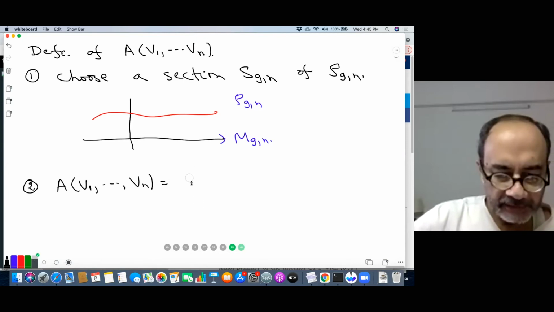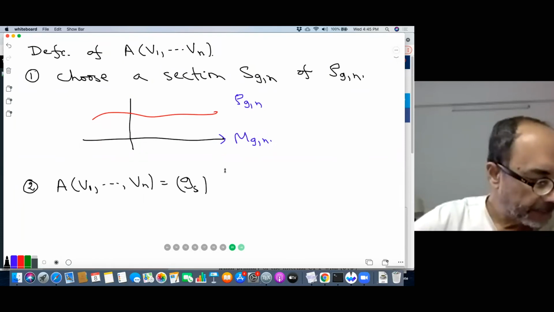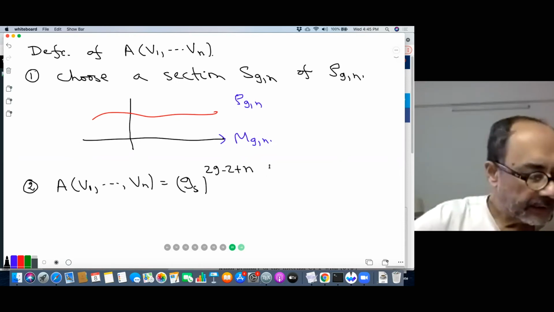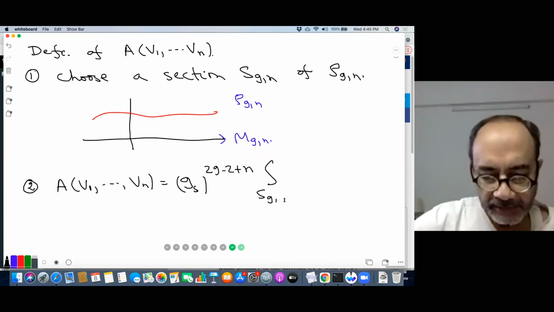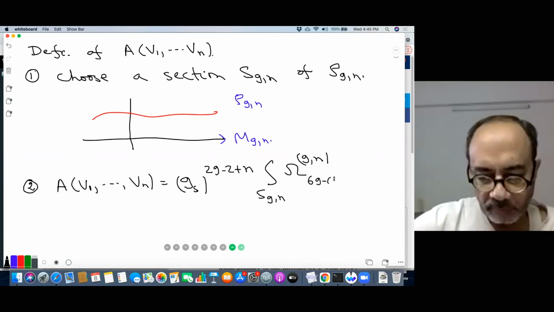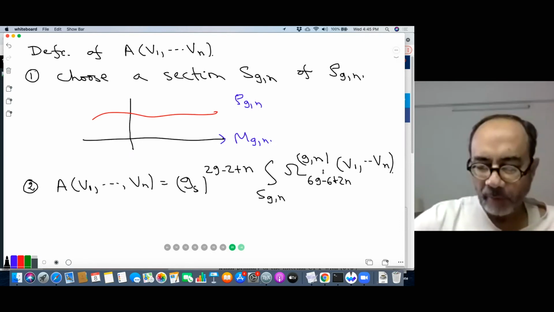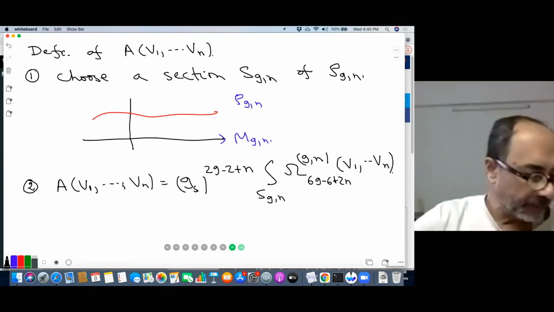There is a string coupling constant g_s that I'm going to introduce, an arbitrary dimensionless constant, g_s to the power 2g minus 2 plus n, integral over S g n of omega g n. So instead of a general p-form, we take the 6g minus 6 plus 2n form and then we integrate over this section. That's the definition of the amplitude.